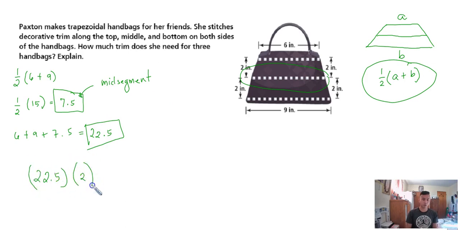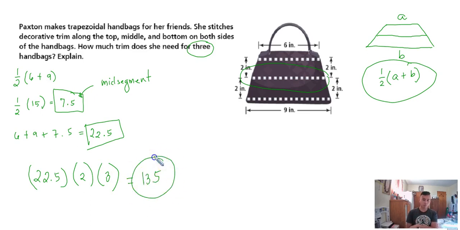She's making 3 handbags, so I'm going to multiply that by 3. Multiplying them together gives you 135.